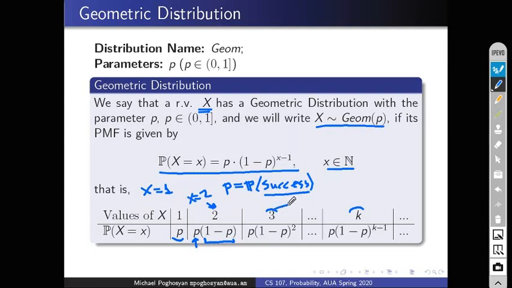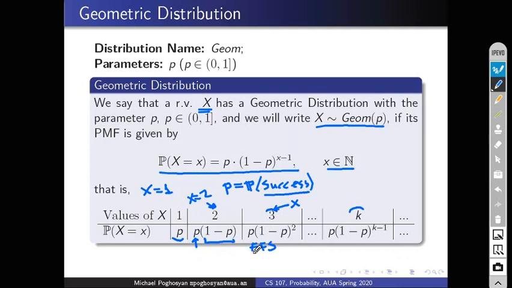So what does it mean that X is equal to 3? X is 3 means that the third one was the first success. So the first one was a failure, then the second one was a failure, then success. I forgot to say that we are doing independent trials up to having the first success. Because of independence, we need to multiply the probabilities.